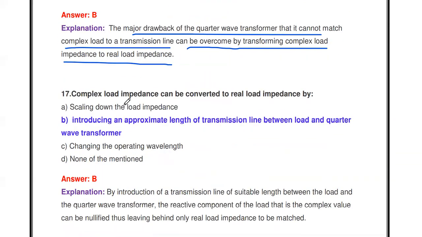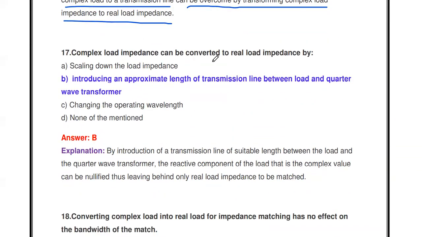Then the next thing, complex load impedance can be converted into real load impedance by dash. In order to convert the complex load impedance ZL into the real load impedance RL, which step do we use?